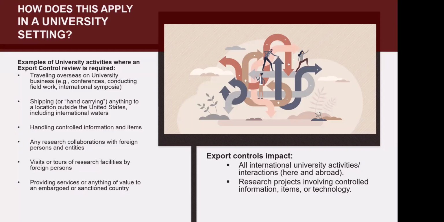If you are shipping or hand carrying anything outside of the US, including international waters, an export control review needs to be done. Some sponsors will include export controlled information as part of their sponsored project, and an export control review would need to be done then for sure.